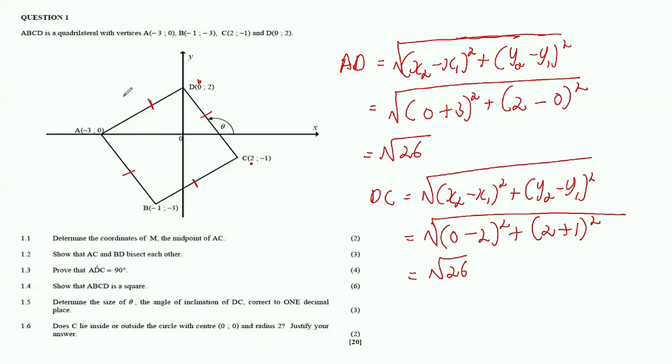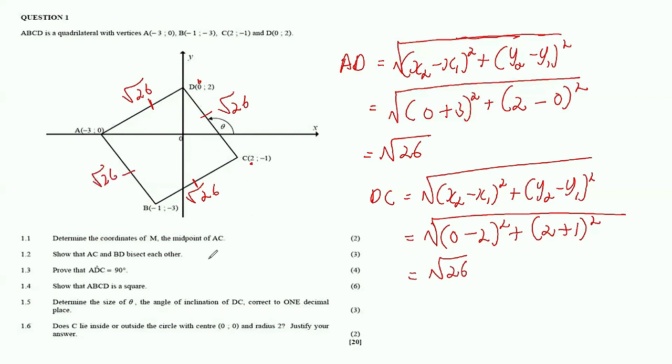So now that here we got root 26, and here this is root 26, right? Observing from our diagram, we can obviously tell that this line here, AD, is equal to line BC. So that's even root 26. And then we can also tell that DC here is equal to line AB. So this is also root 26.